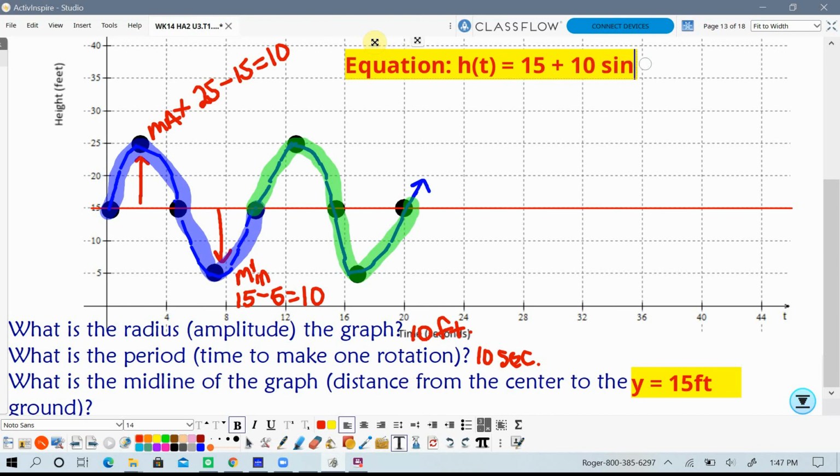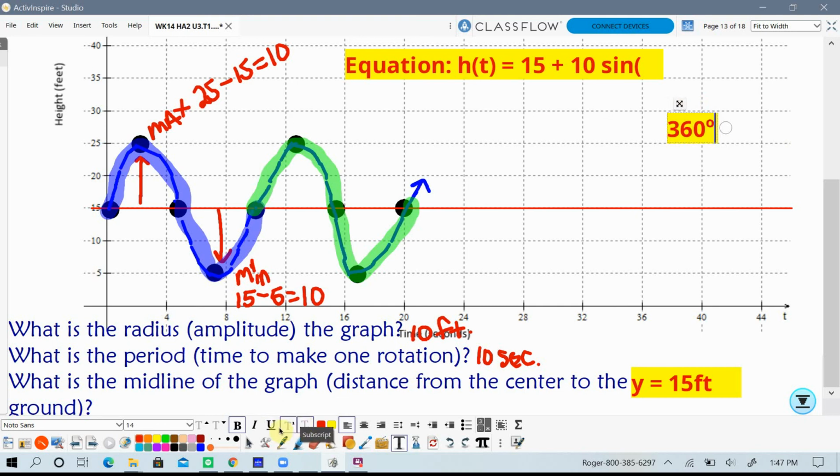Remember, this is based off of a sine equation. This is a sine graph because the path of the Ferris wheel is how this graph unfolded. So it's sine of, and now you have to determine your angular speed. If you recall from before, we calculated angular speed by finding how many degrees were in a circle. We all know that's 360 degrees.